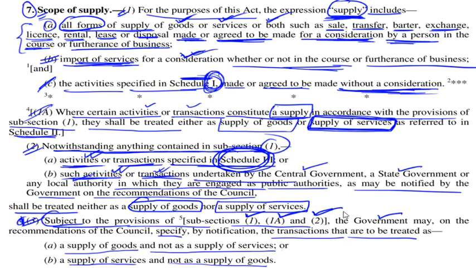So government has power to notify transactions which shall be treated as supply of goods and not supply of services, or supply of services but not supply of goods. So here government has power in this subsection 3.